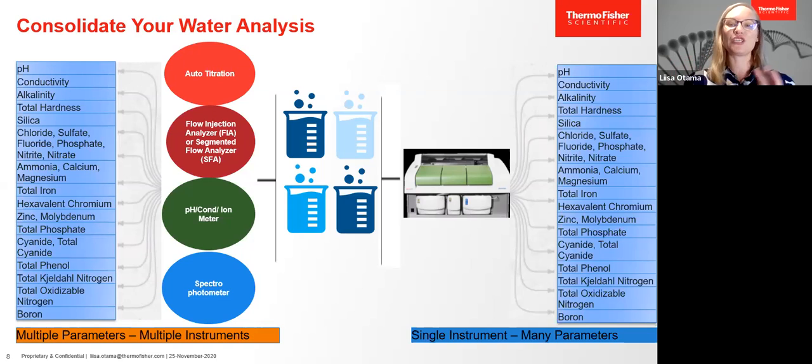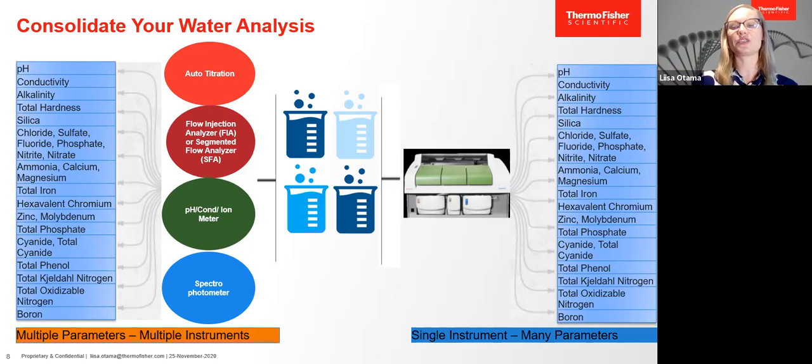I think this picture rather nicely illustrates how we can simplify your processes. On the left-hand side, we have this traditional approach where multiple parameters require multiple instruments. We have a long list of assays that all need to be tested, and we have a long list of also different instrumentation that would be required.